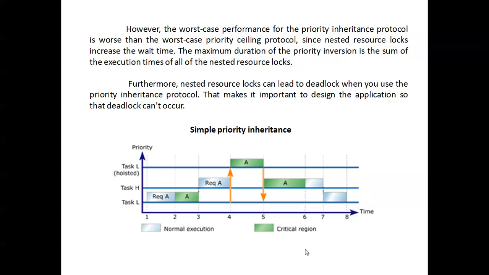Here is the simple priority inheritance, the normal execution and critical execution, where region A will be executed in parallel. The sum of the execution time of all nested resources will be locked. The priority of the application is designed so that deadlocks can't occur.